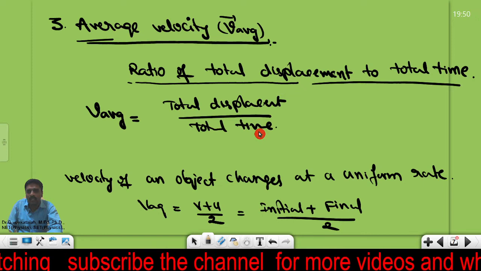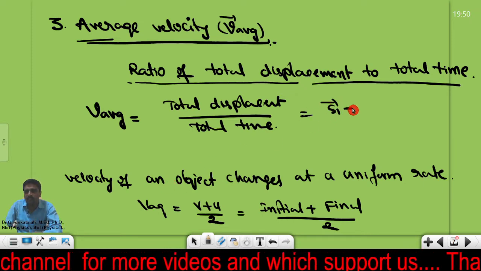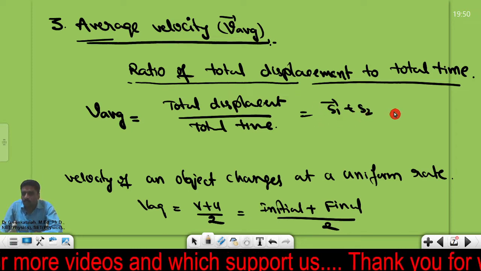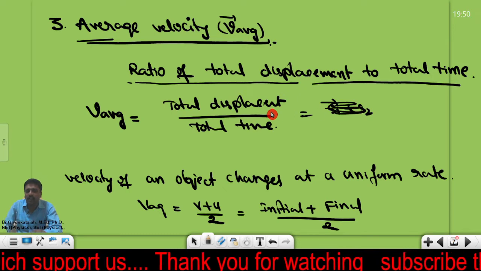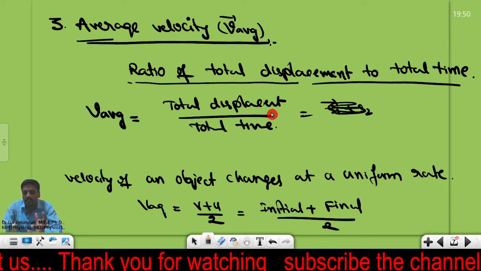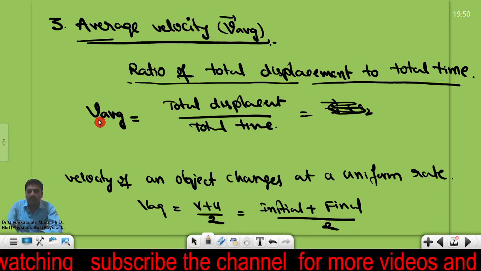This is the formula we have. Generally in that case, s1 bar plus s2 bar is the total displacement. That means the total displacement is the final displacement we get, and to cover this, how much time we take. This is the formula we need to use.